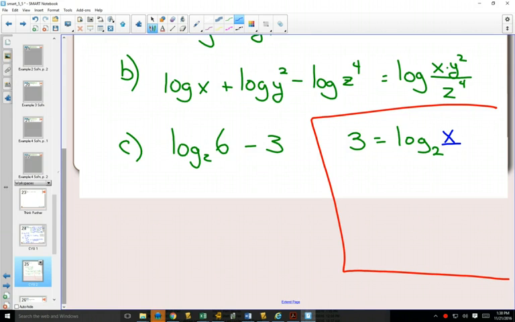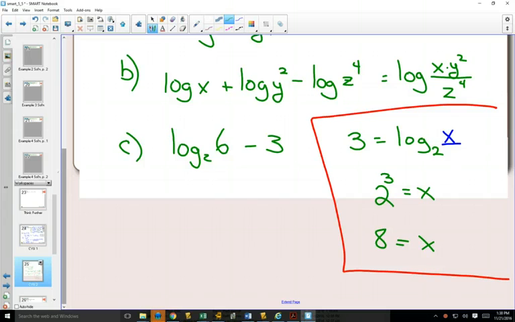And then use your definition of a logarithm. What does a log mean? What does a log solve for? A log solves for exponents. And if we use our definition of a logarithm, the base is 2. Logs solve for exponents, so the exponent is 3, 2 to the 3 equals x, and that will tell us that x has to be 8.